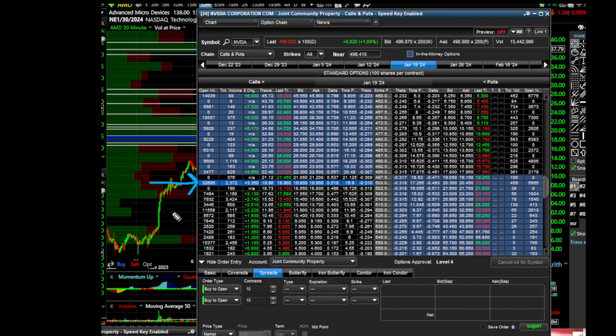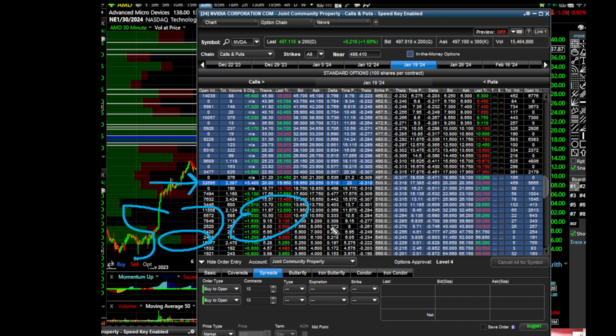So if NVIDIA by January 19th is below $520, I'm going to lose money. If it's above, I'm in the money. Does everybody understand that?